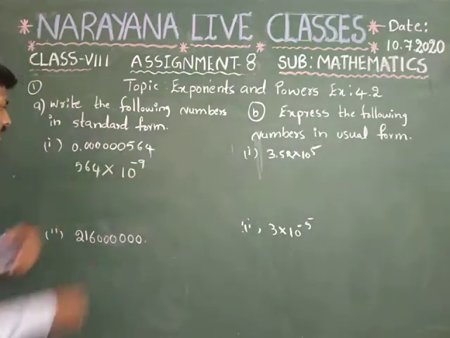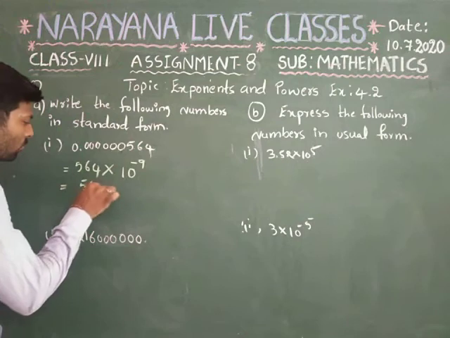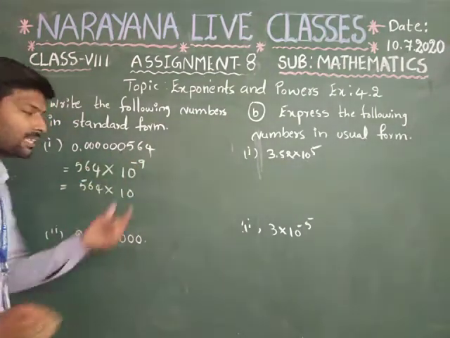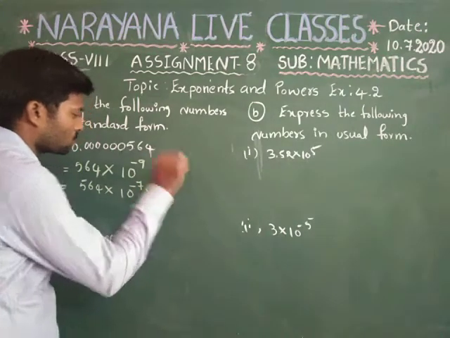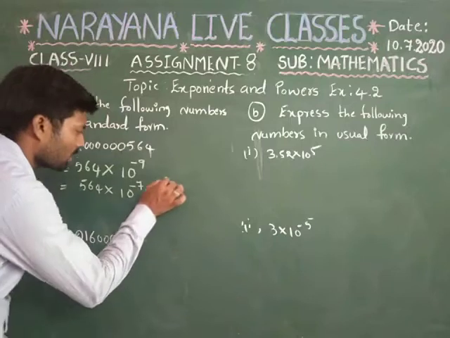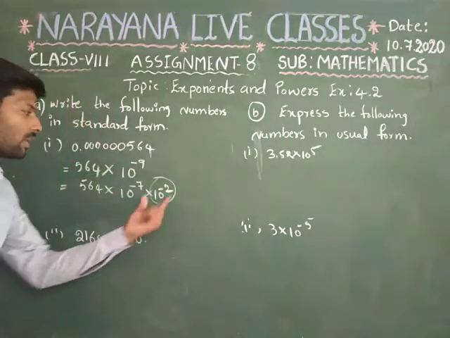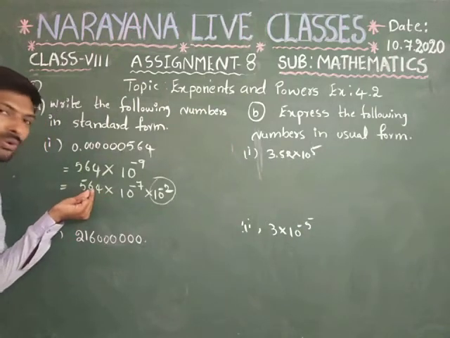We can simplify this. 564 into 10 power minus 9 can be written as 564 into 10 power minus 7 into 10 power minus 2. Now if you eliminate 10 power minus 2, the point will come before 2 digits.